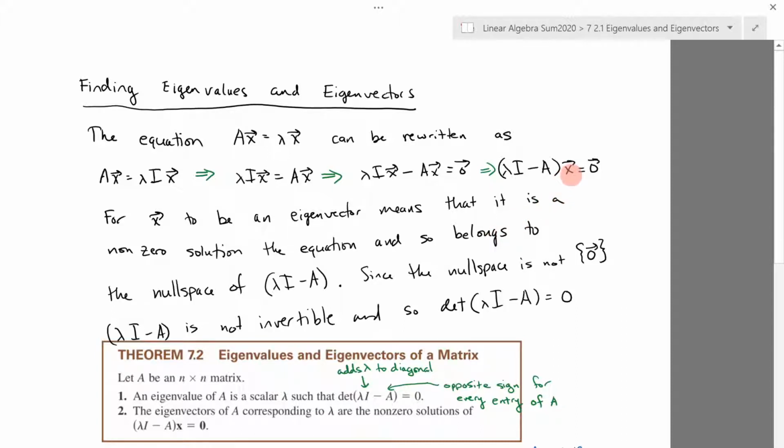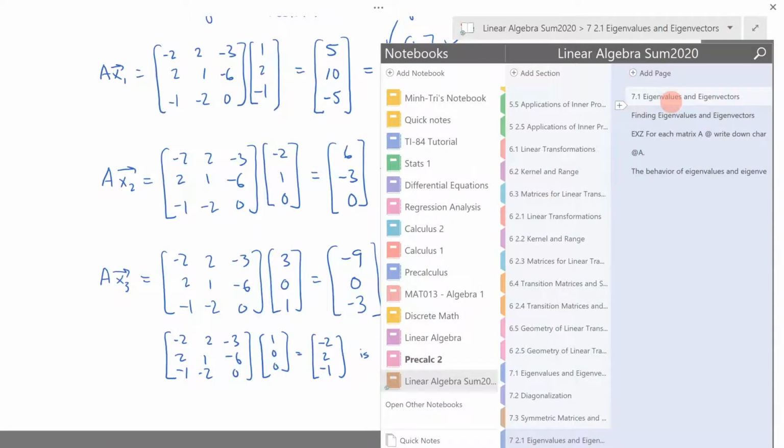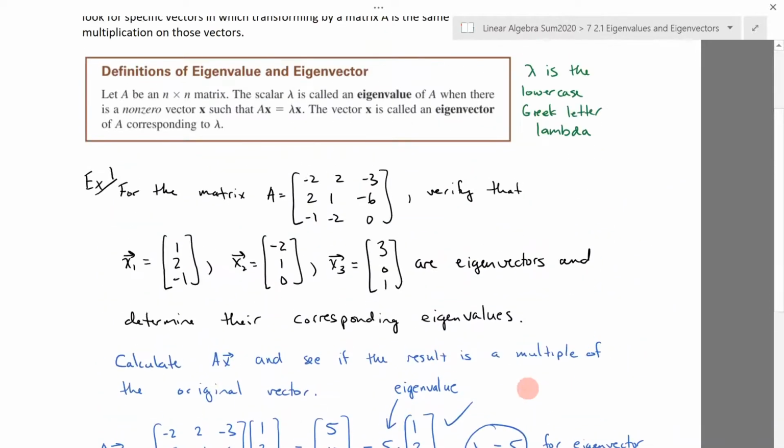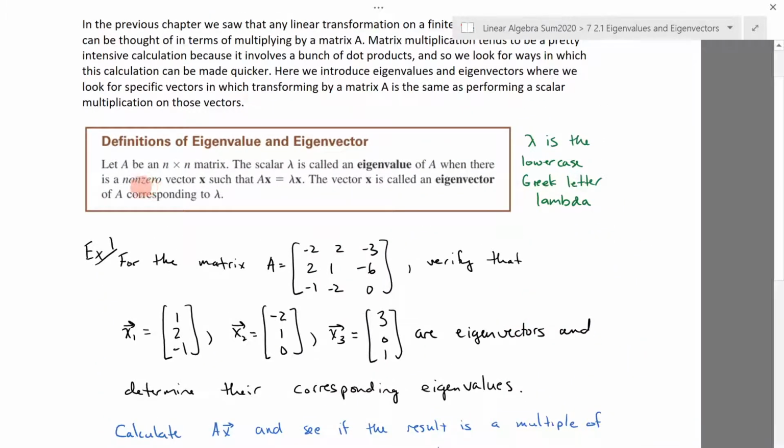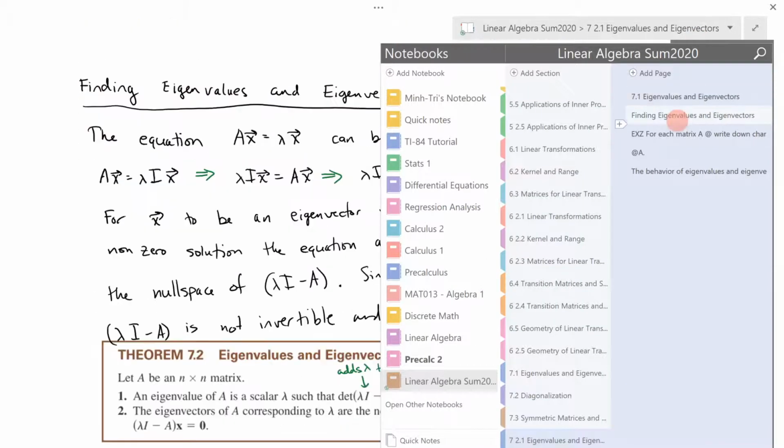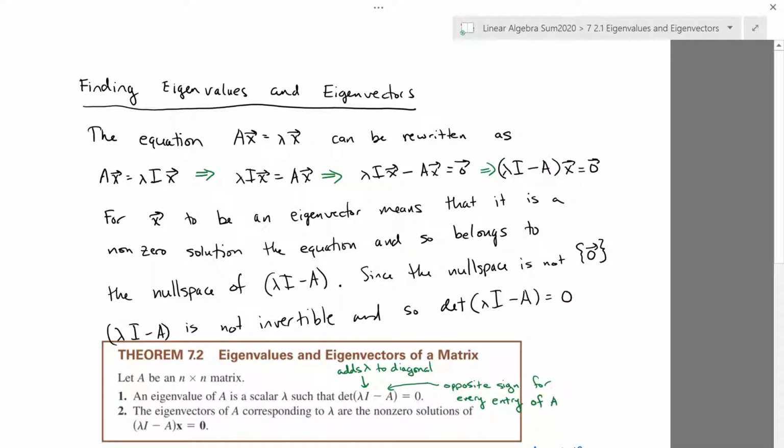So if we have an eigenvector, the null space contains other vectors than the 0 vector, because from the definition, the eigenvector cannot be the 0 vector. So an eigenvector is non-zero, and so the null space is bigger than the 0 subspace.